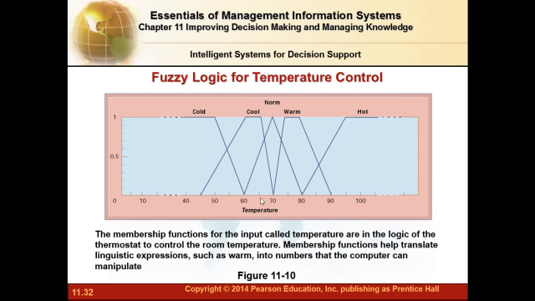This is the figure showing you the fuzzy logic for temperature control. This graphic illustrates how a fuzzy logic system for room air conditioning might represent the imprecise values for temperature. The membership functions for the input called temperature are in the logic of the thermostat to control the room temperature.